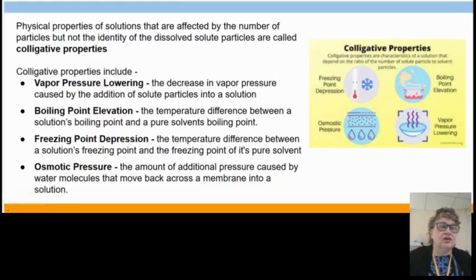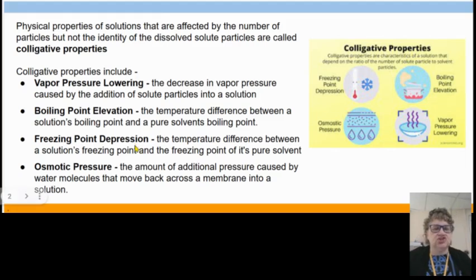Another idea, pasta. If you're going to make pasta, you boil the water, but you put salt in it because you want that water to boil at a higher temperature so that you can cook your pasta.